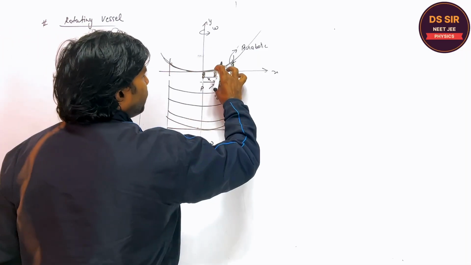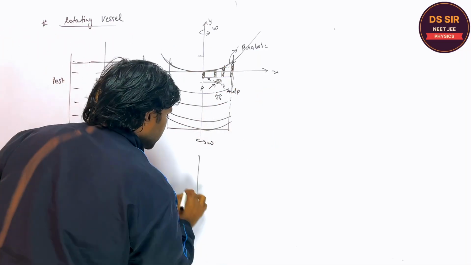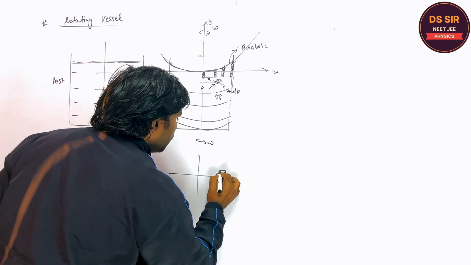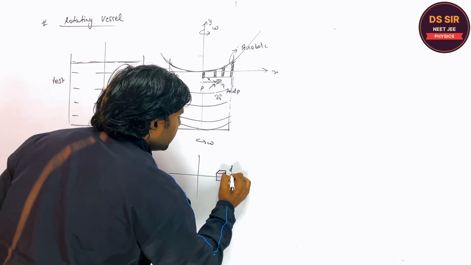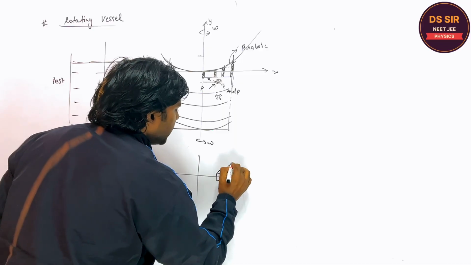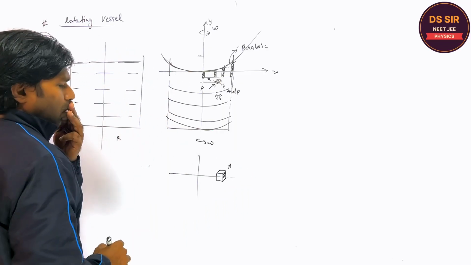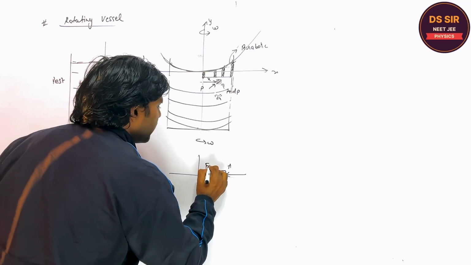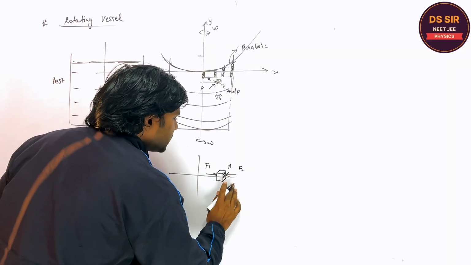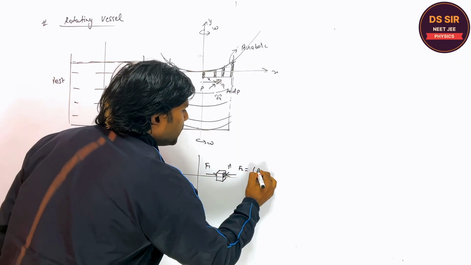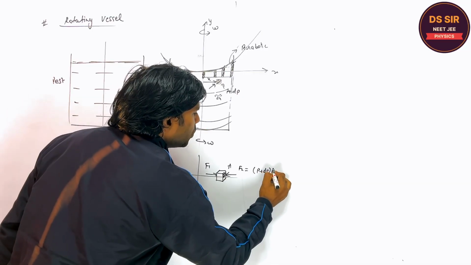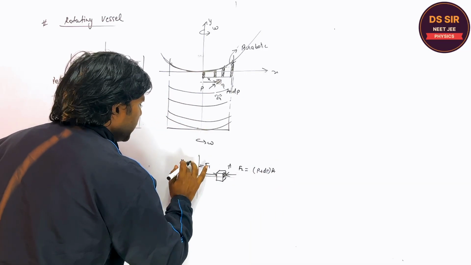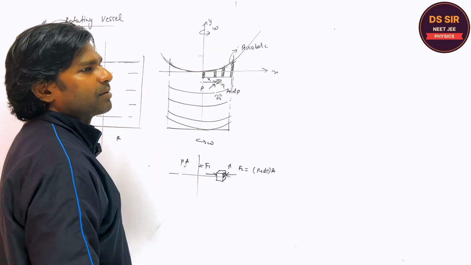Right. I'm considering this as the elemental portion, and suppose the area is A. So the forces are acting, F1 and F2. The force F2 is P plus dP into area. The force F1 is P into area. So which force is greater?